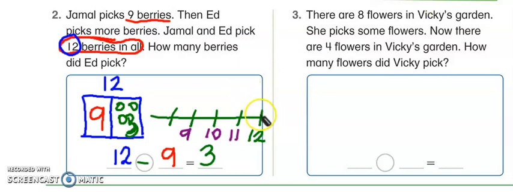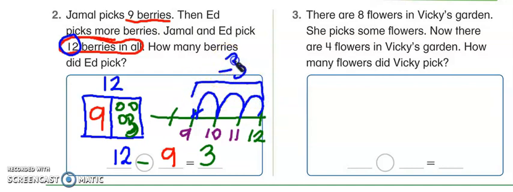Let's see how many hops I get. So I got 12, gonna go to 9. So 1, 2, 3 hops. So you see how if I were to count all these hops, it would be minus 3. So that is actually my difference. That's how many berries Ed got. Now you try to solve this one on your own. And let's try to figure it out together.